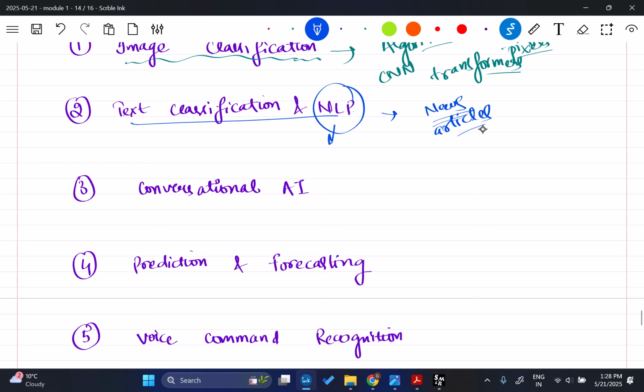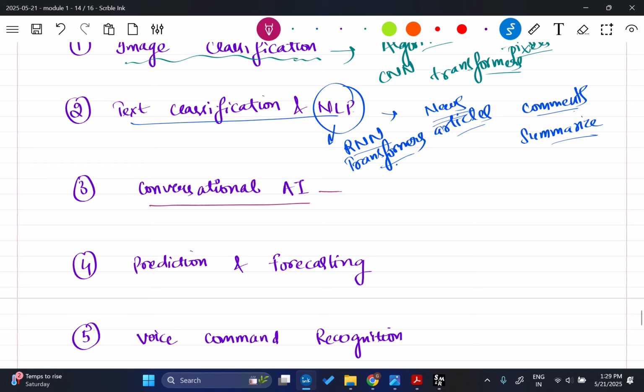You want to block some kind of offensive comments on any social media platform, or you want to summarize the long documents. In all those scenarios, we can use ML, and we can use some models of NLP, like recurrent neural networks or transformers also. All these are used in this application area as well.